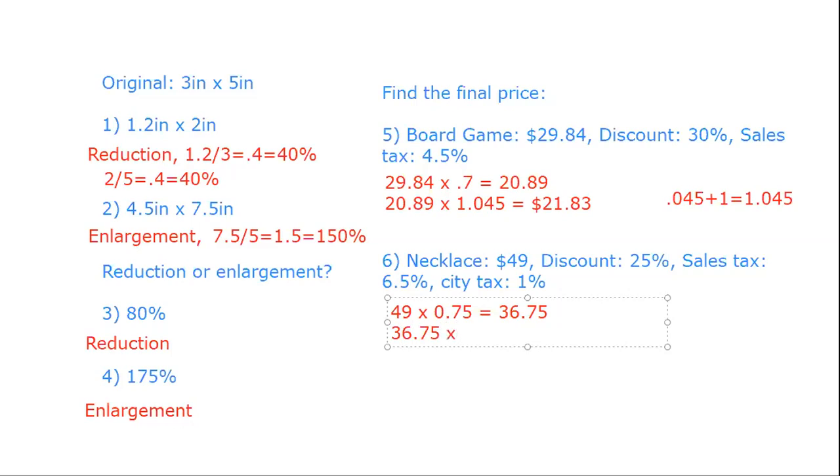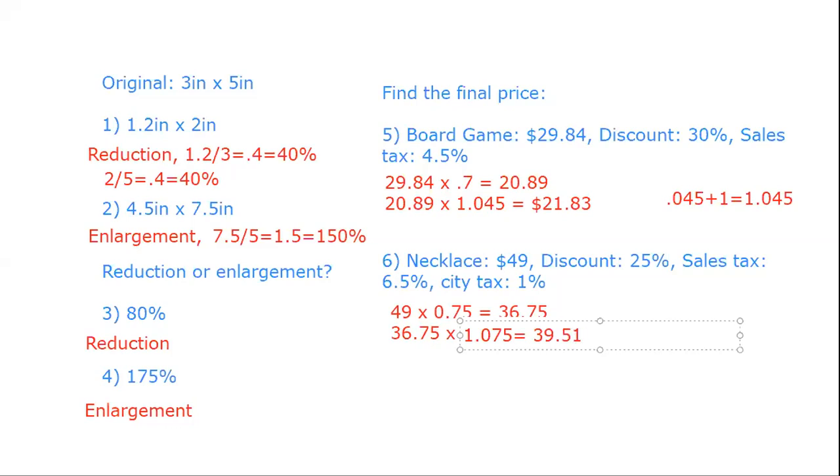So we said it was 7.5% total. So that means 1.075. And then we have to find that. So 36.75 times 1.075 gives you 39.51.